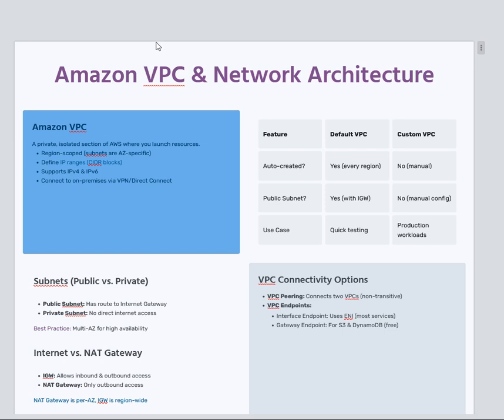So, use cases. We can usually do testing. All what I'm doing in the testing environment, I create these testing resources. But if you want to create production workloads, you need to create a custom VPC, and then carefully create all other resources, only whatever is needed.